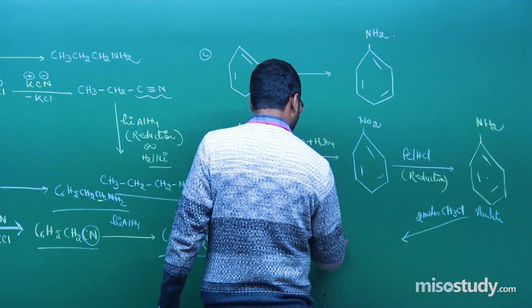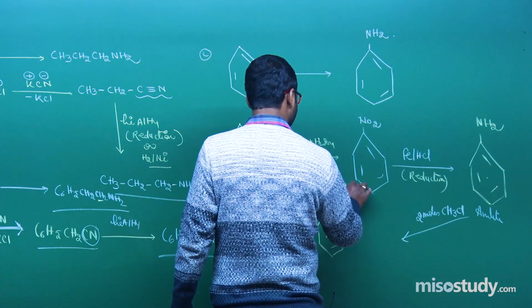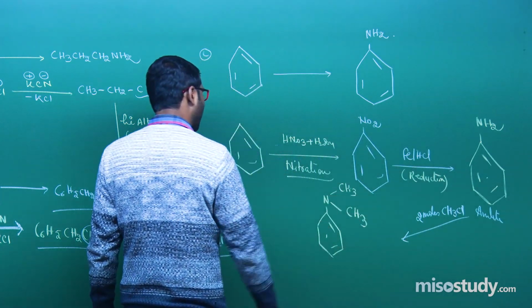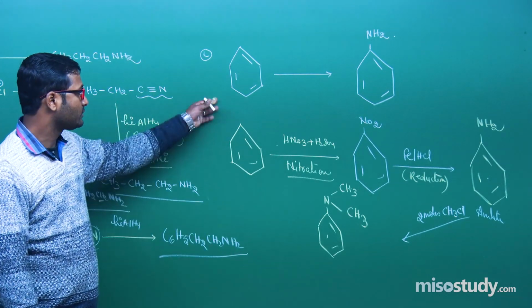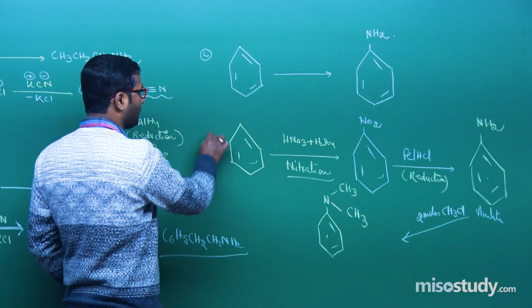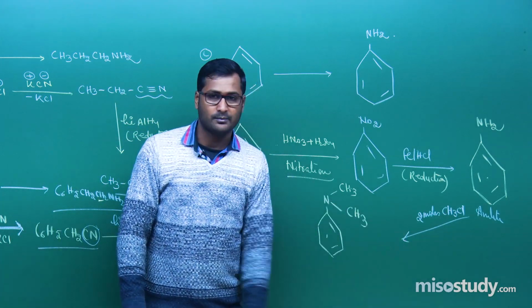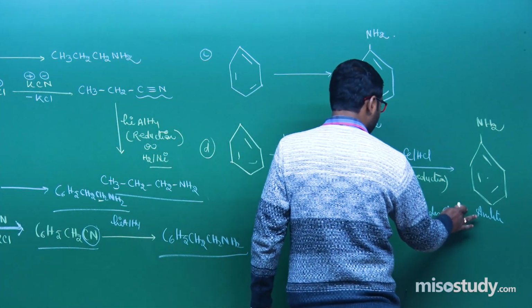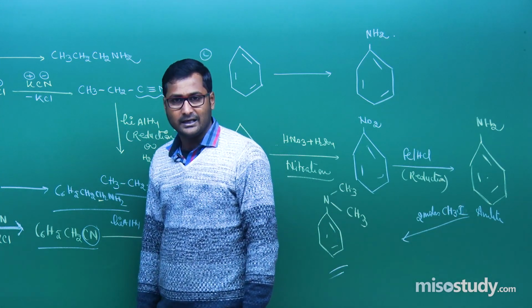This is the benzene ring with N, CH3 and CH3, N,N-dimethyl aniline. Clear? This is a simple method. First of all, convert it into aniline. Then when aniline is treated with 2 moles of CH3Cl, or you can write CH3I also, you can get N,N-dimethyl aniline.